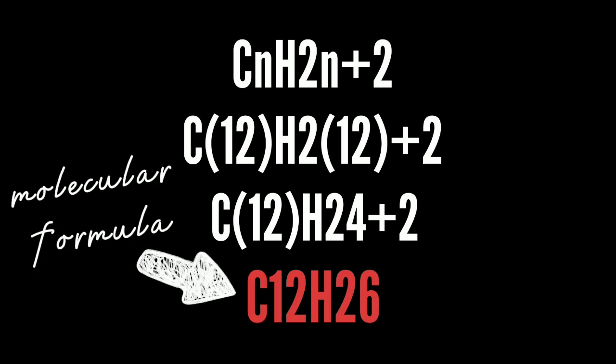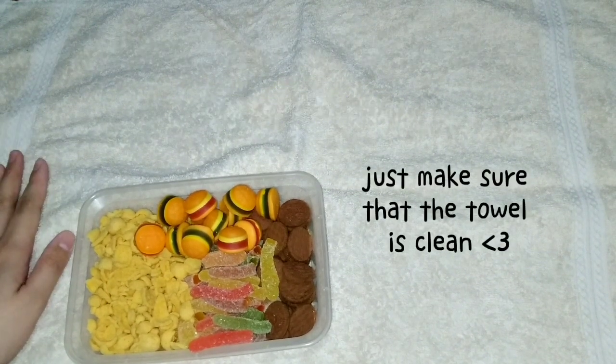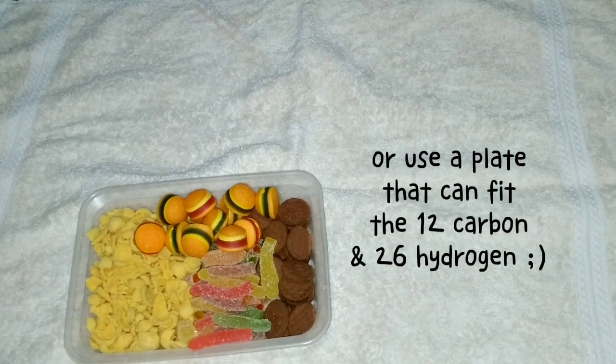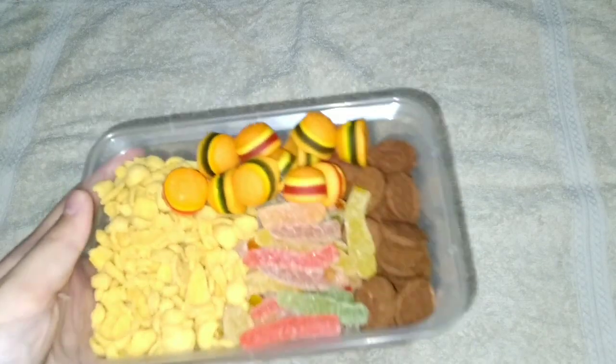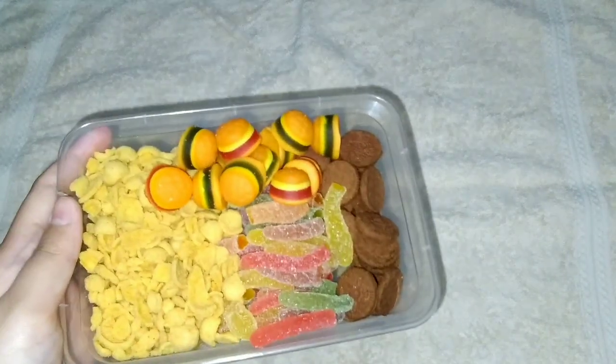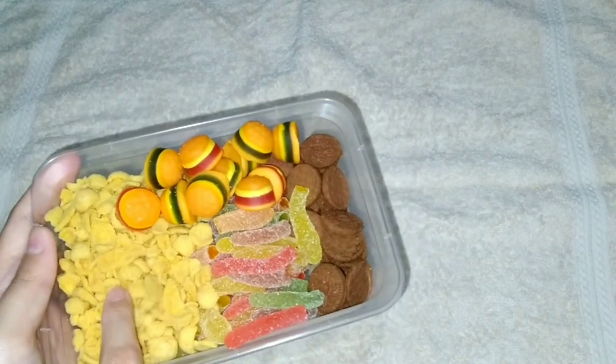And what is its structural formula? I don't really recommend you to use a towel, but since there are 12 carbons and it is not well fitted on the plate, I have no other choice but to use it so that you can clearly see all this. So what do we have here?